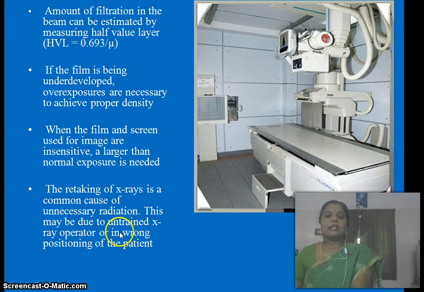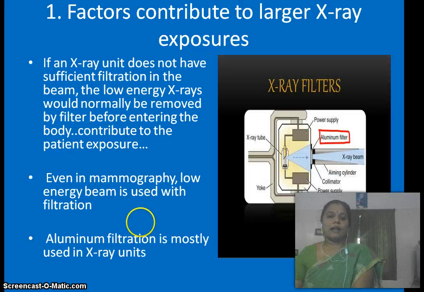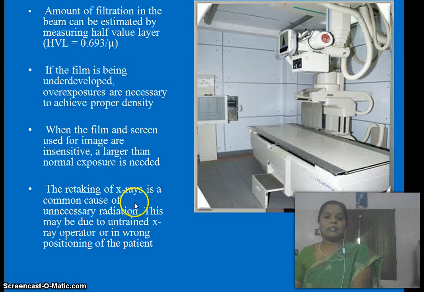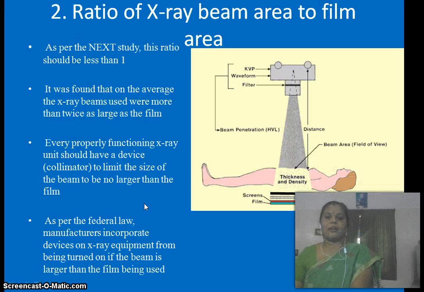So before taking the X-ray, we should be more careful in checking, and periodical evaluation is also needed. So there are only 4 factors that contribute to larger X-ray exposure: filters to filter the low energy X-rays, the film should not be underdeveloped, the film and the screen should be more sensitive, and the repetition of X-rays can also be avoided.